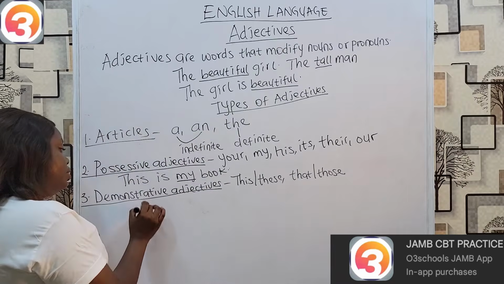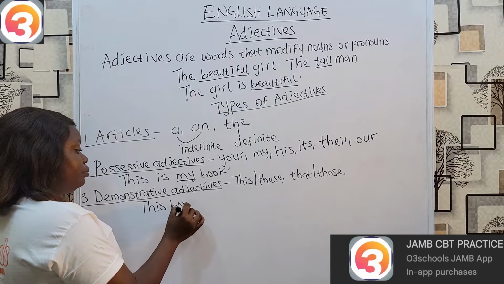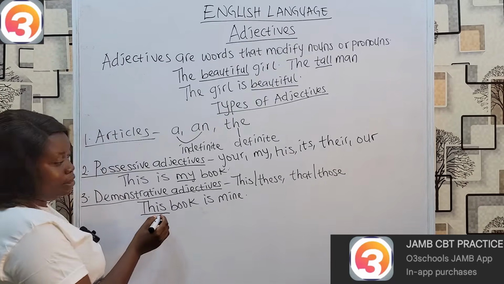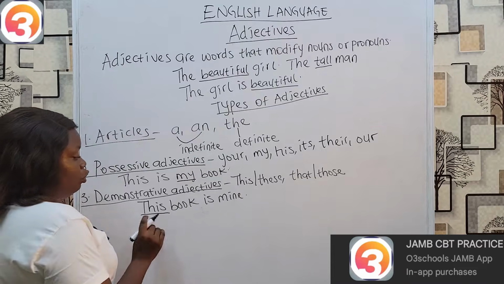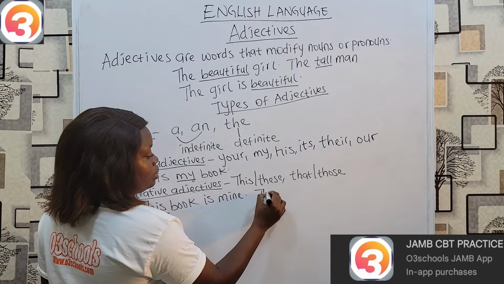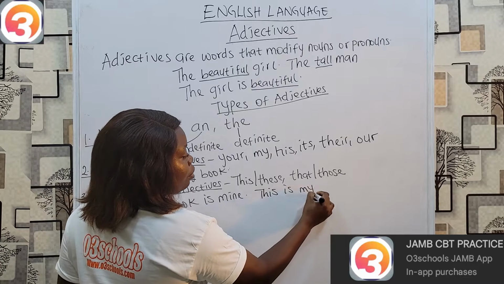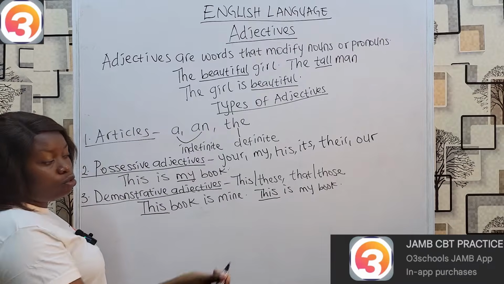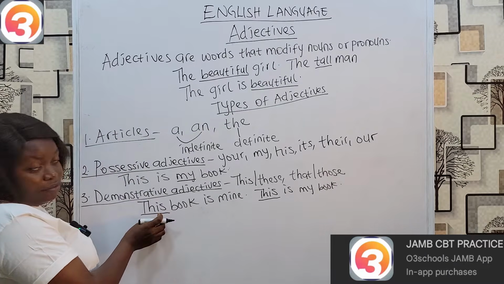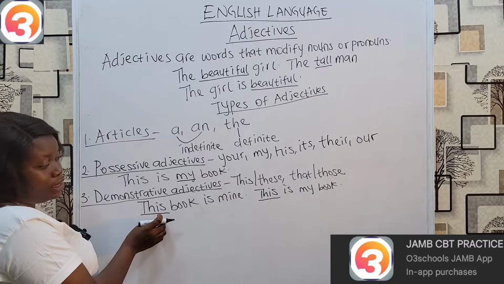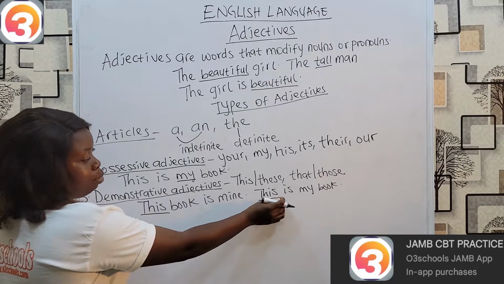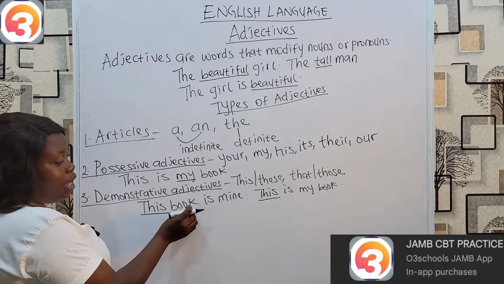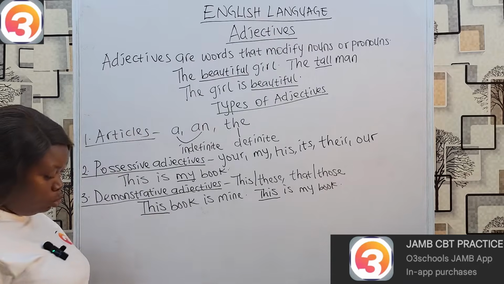So if you say this book is mine, this here is standing as a demonstrative adjective. But if you don't put book, if you say this is my book, this here becomes a demonstrative pronoun, no more an adjective. But if the noun is coming after the word, we classify it as a demonstrative adjective. Here it is a pronoun, here it becomes an adjective because there is a noun here that it is qualifying. This book, telling you that the book is close to the speaker.